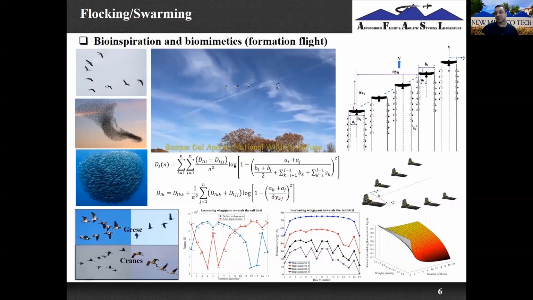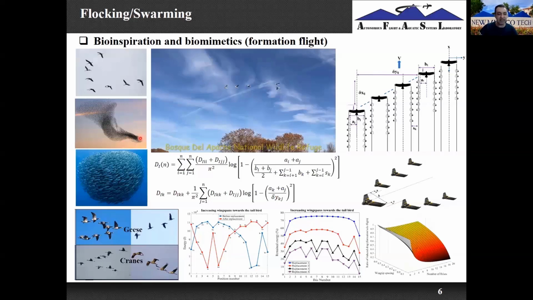The main reason is escaping from predators. Imagine a predator bird coming here; they can change the formation or the shape of this cluster, which is called swarming, in order to escape from the predator or scare the predator.